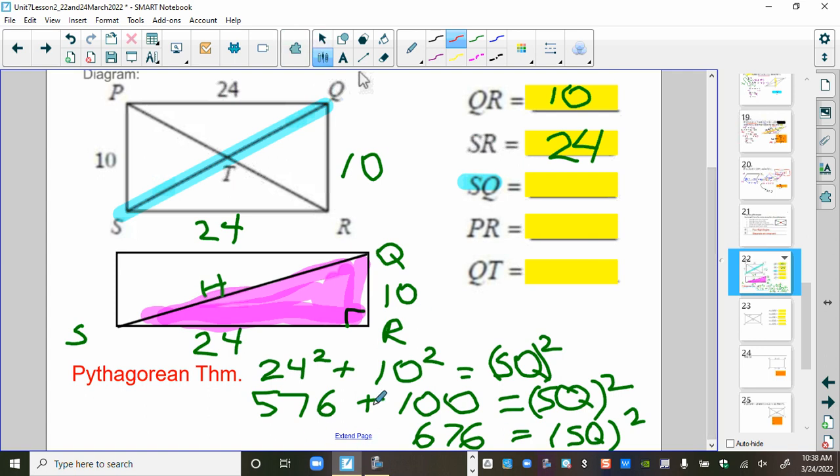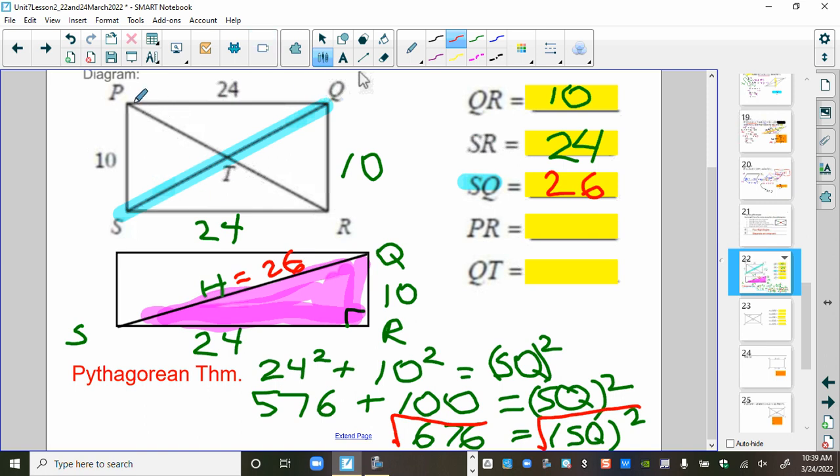You got to square root that. 676, you got to square root it. So then, in the end, SQ is going to be 26. So that entire distance from S to Q is going to be 26.